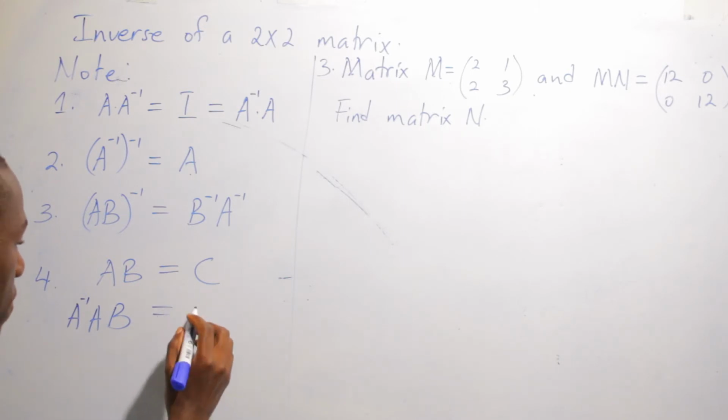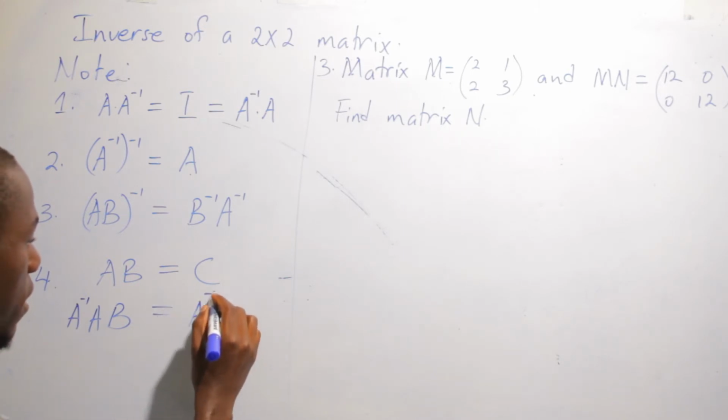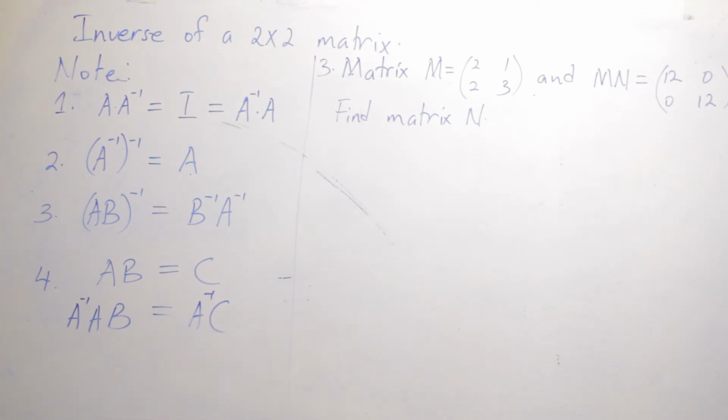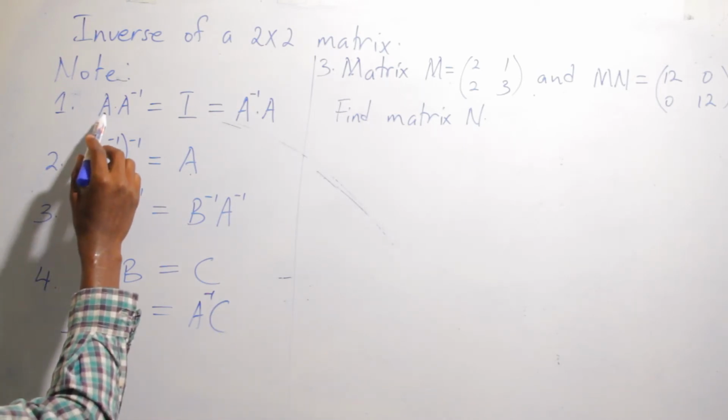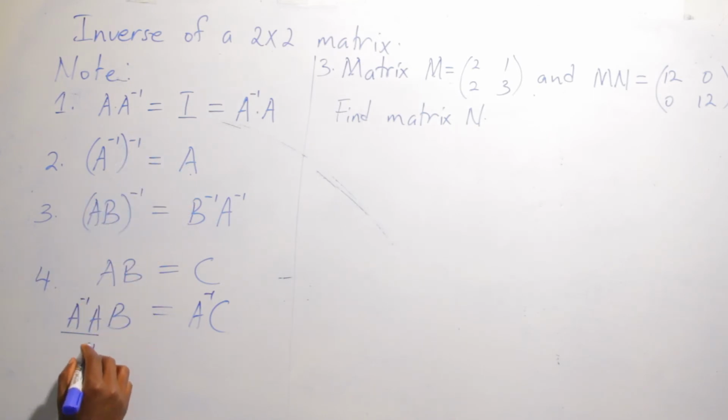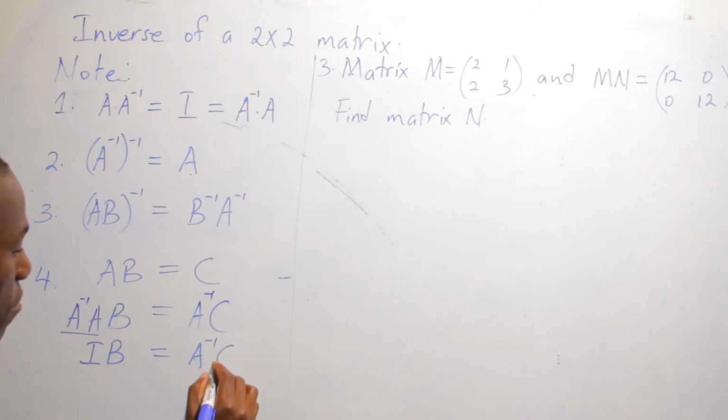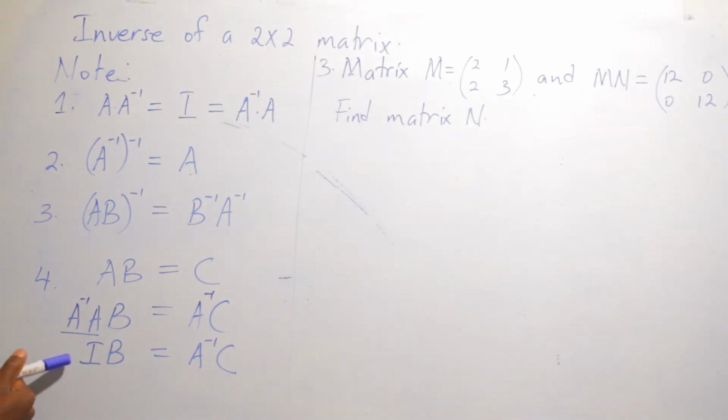That is A inverse times C. When I multiply these two, from note 1, I get the identity matrix, times B, which is A inverse times matrix C. When we multiply the identity matrix times any matrix, we get that same matrix.